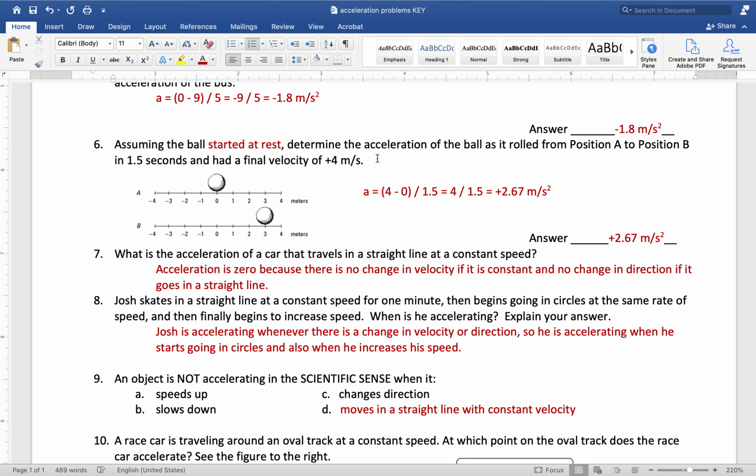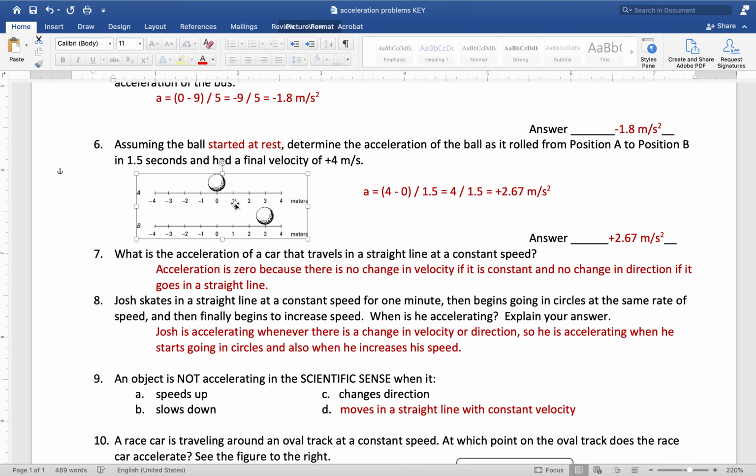That's its initial velocity. So your final velocity is 4, your initial is 0. So you're going to do 4 minus 0, divided by 1.5, that's the time, equals 4 divided by 1.5, and that's positive 2.67 meters per second squared.